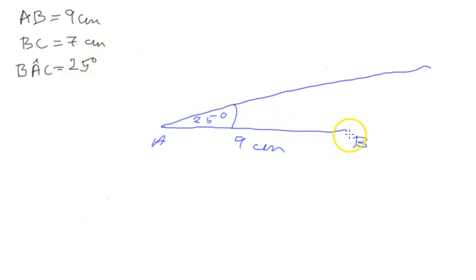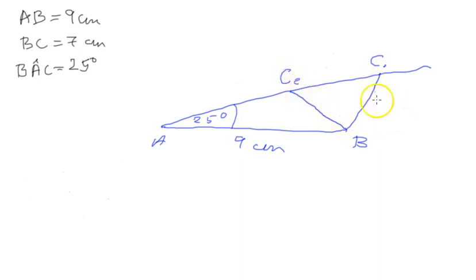Well, and I know that BC is 7 centimeters, and I can draw two possible triangles with a 7 centimeter BC side. One looks like this, and the other one looks like this. Okay? I will name this point C1 and this point C2.